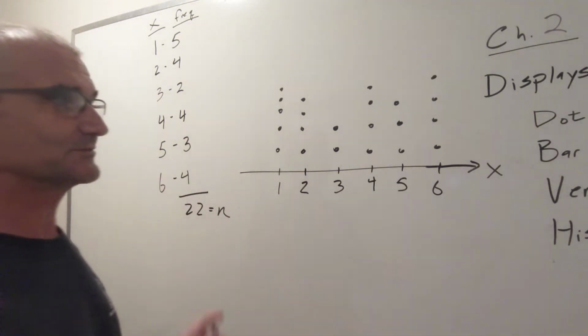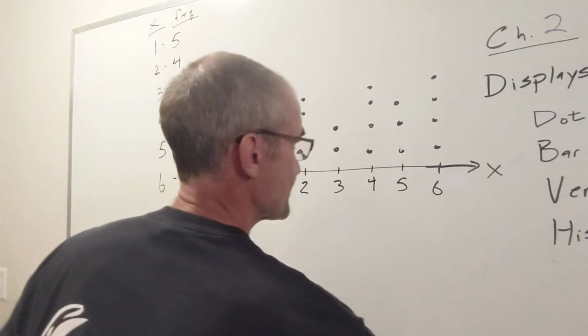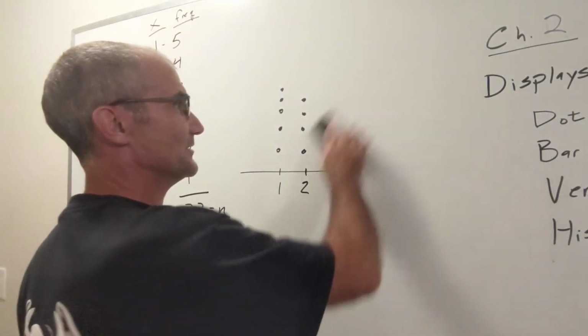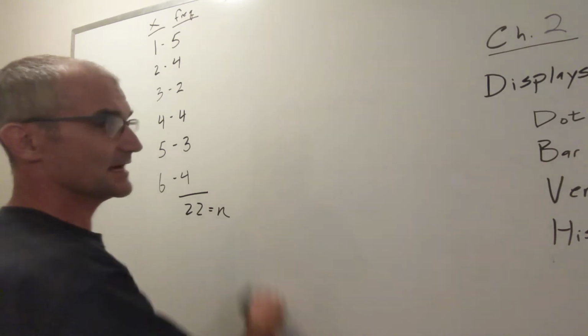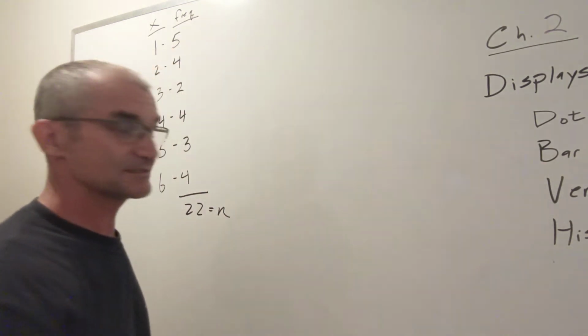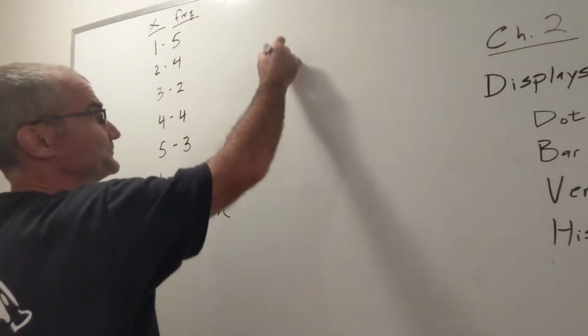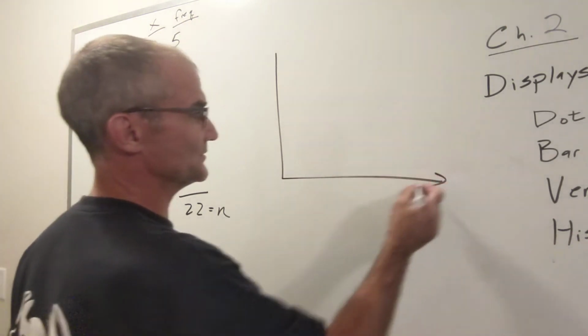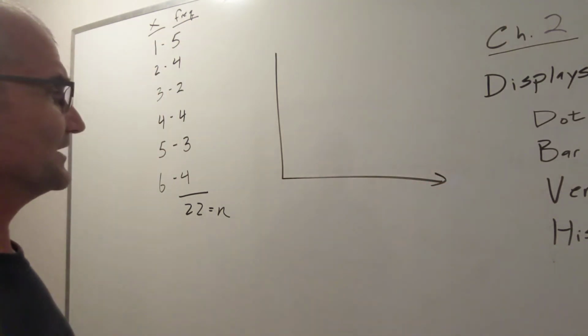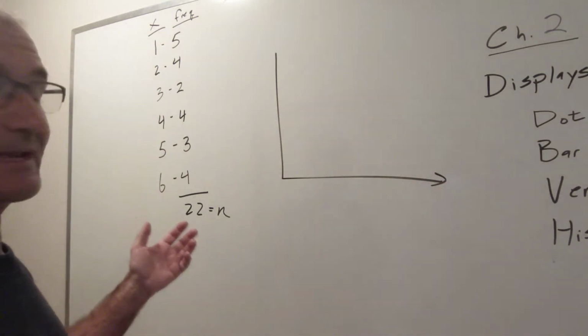A bar graph is really very similar, but you usually use bar graphs when you're talking about non-numeric things. So let's say I interview a class and I ask them their favorite color and I count their hands.